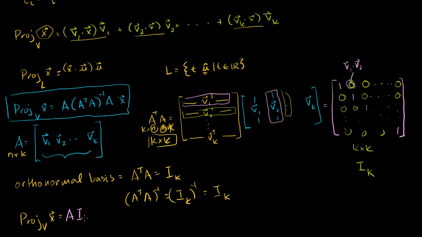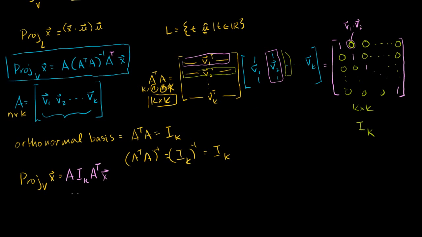So it's just A times I_k times A transpose. I always forget that second A transpose right there, times x. And we could just ignore this. That does nothing to it. So it's just equal to A times A transpose times x, which is a huge simplification.